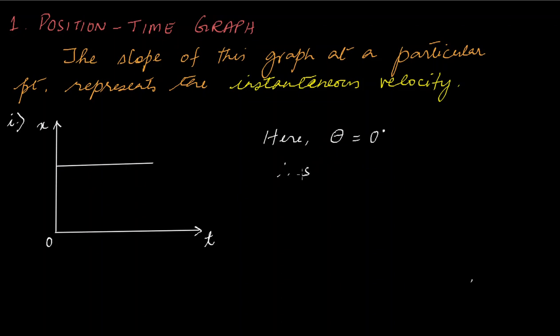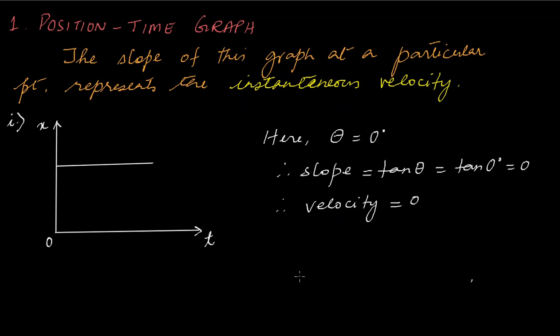So therefore slope is equal to tan theta. So this is tan 0 degrees, which is 0. But what does the slope represent? It represents the instantaneous velocity. So therefore the velocity of the body is equal to 0. And if the velocity is 0, then we can say that this body is stationary or not moving.